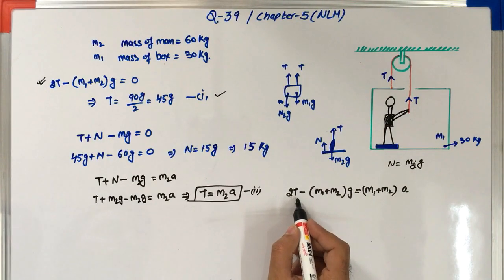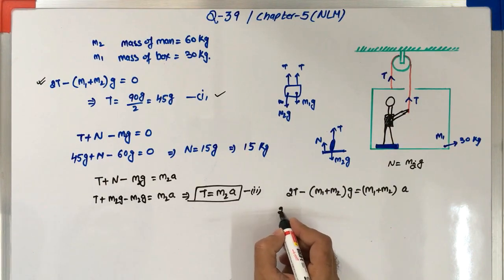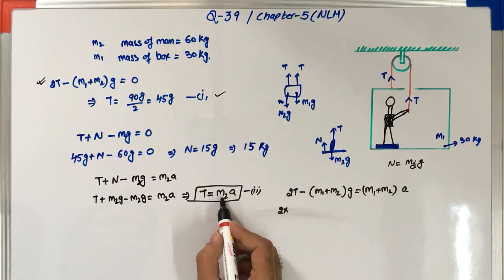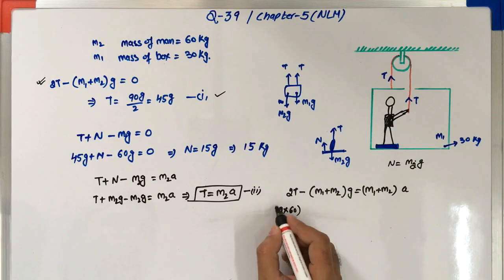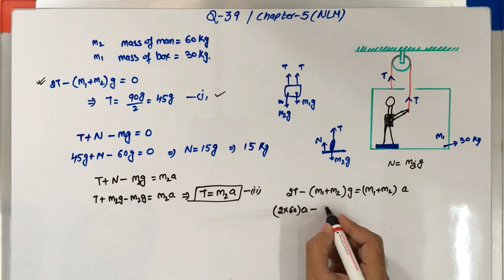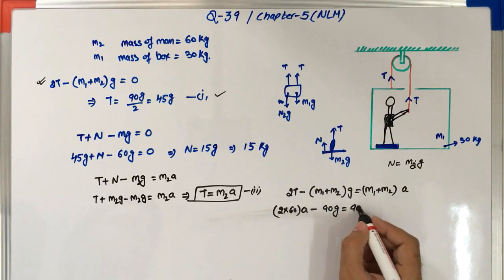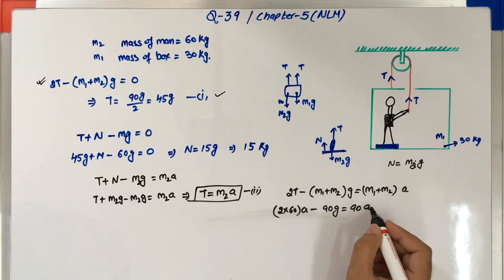First we feed in the value of T from equation 2, so this becomes 2 times 60a minus 90g is equal to 90a.